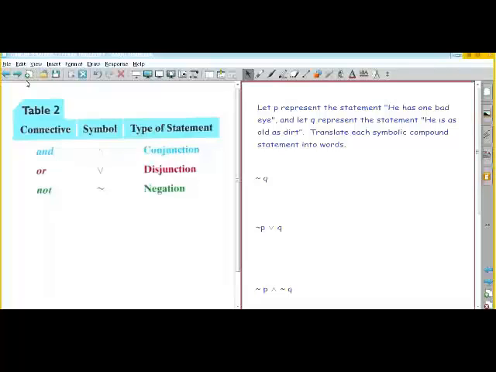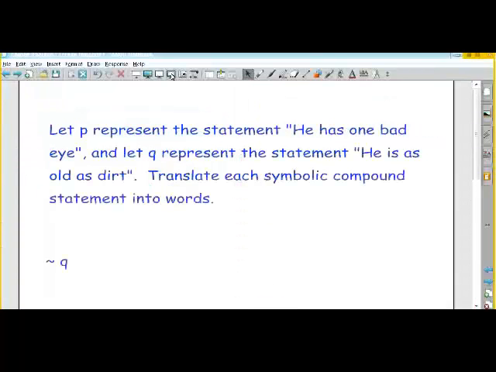So what we have here is a tilde. Let me put this on one page so it's a little bit bigger. We have a tilde, which stands for negation, and we have Q, which stands for the statement, he is as old as dirt. So this logic statement represents the negation of statement Q. We have to look at statement Q and add a not if appropriate.